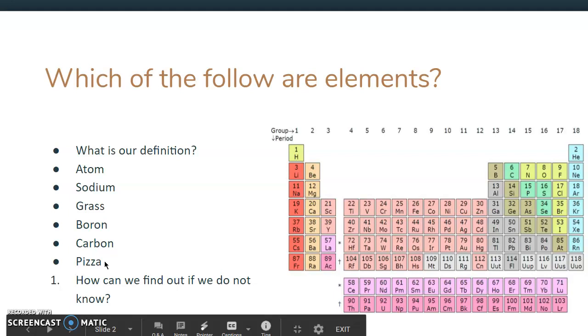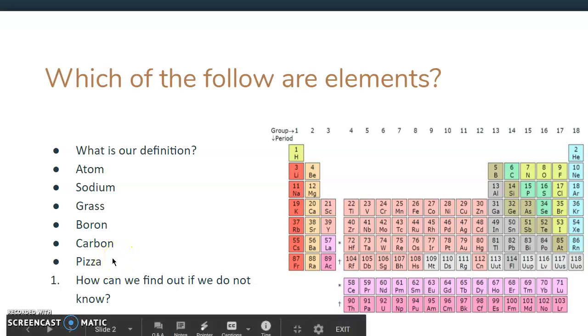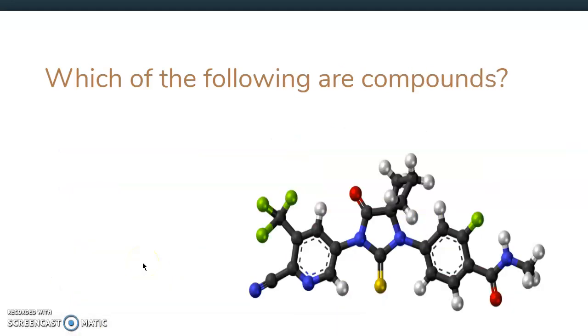When you think of pizza, there's lots of different toppings and layers, and so it is not even in the same group of elements or pure substances. So can we find out if we do not know if something's an element or not? We search the periodic table. So that is the best way.